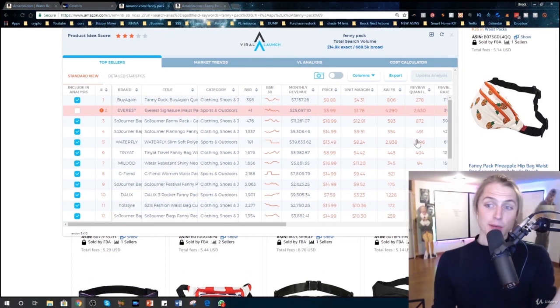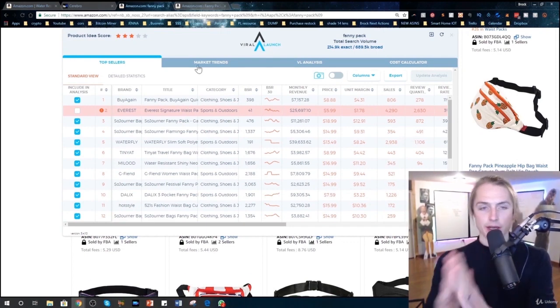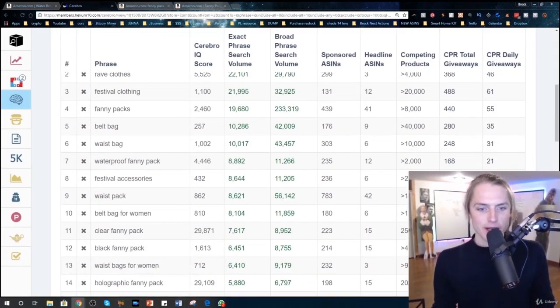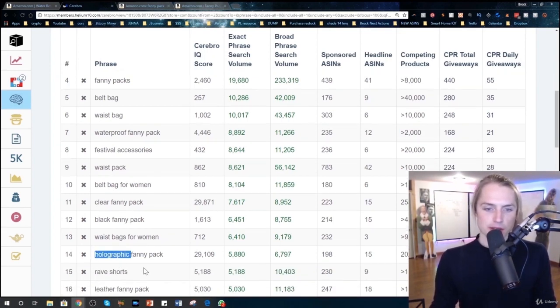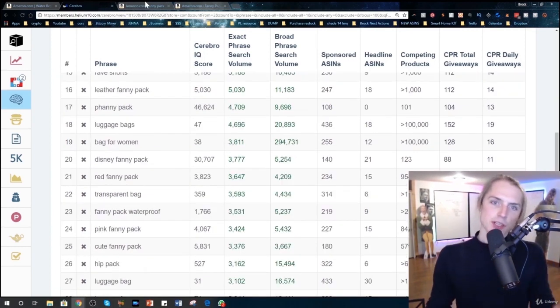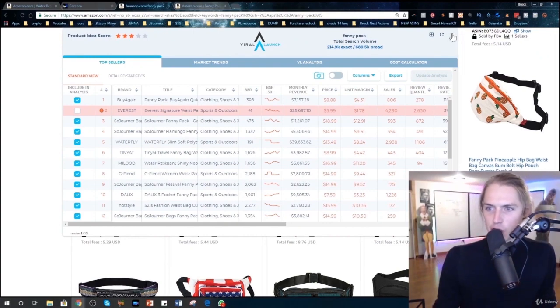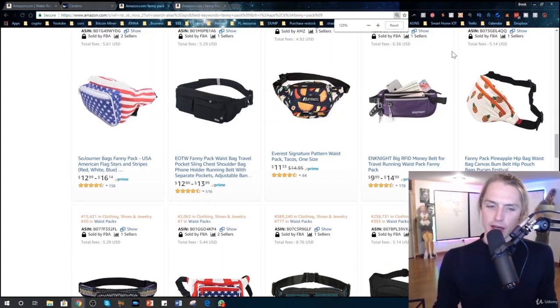All right, so yeah, this fanny pack market looks like it's there. We had the inklings that people are obviously looking for festival ones by looking at all these other keywords here. And the holographic one, there's barely anybody making holographic ones. This is actually something that I realized just about last year, that you could probably start a really goofy apparel line.